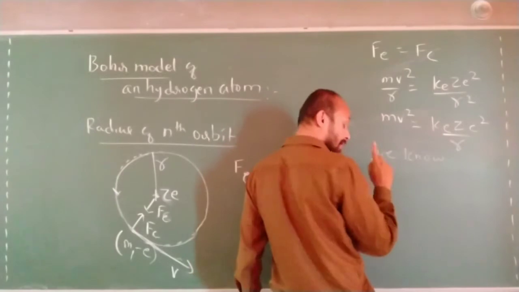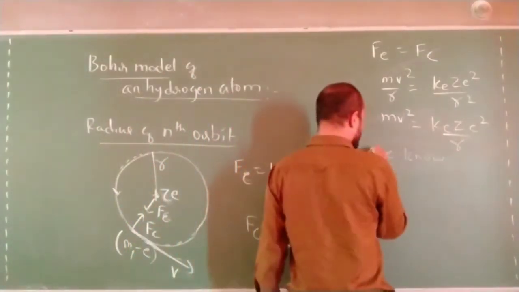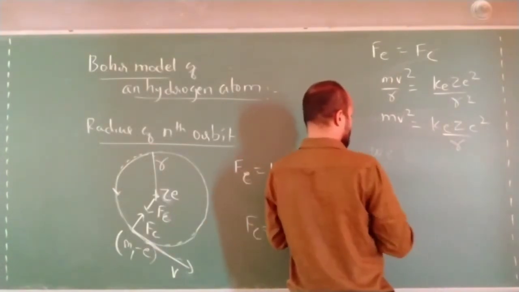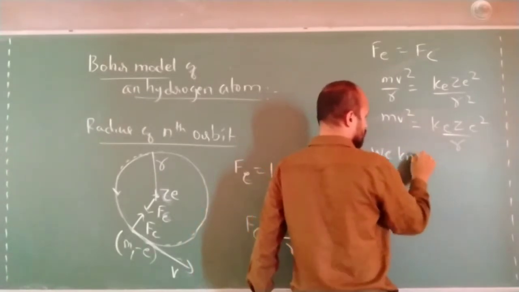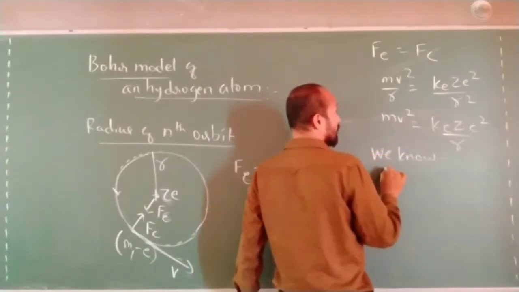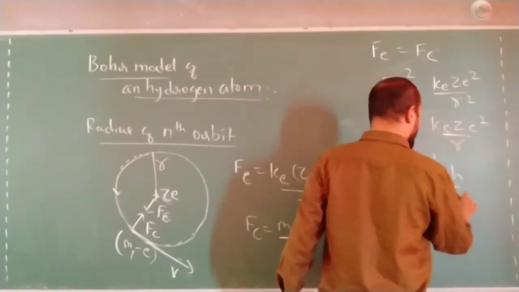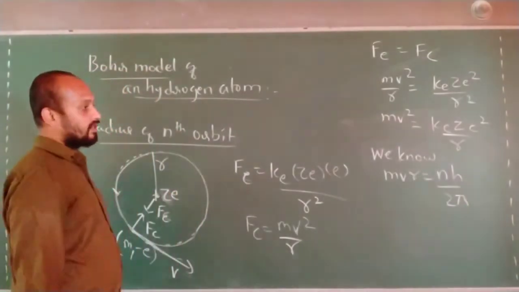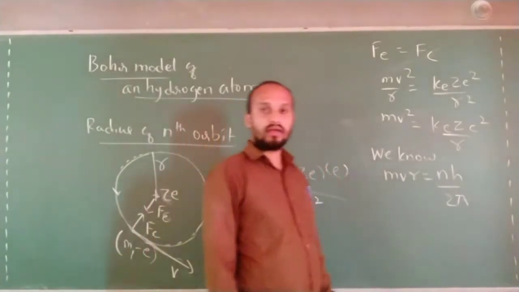Now we know from Bohr's postulate that mvr is equal to nh by 2 pi. The angular momentum of the electron making a circular path is given by nh by 2 pi, which is constant.